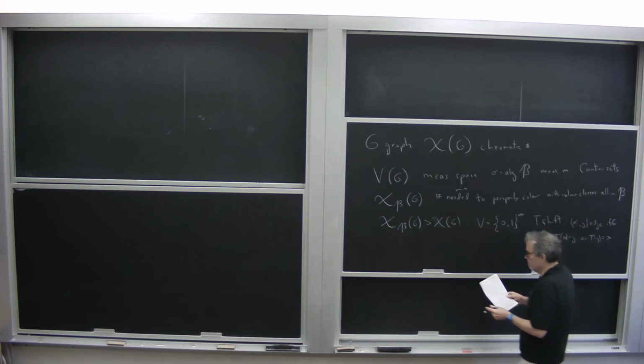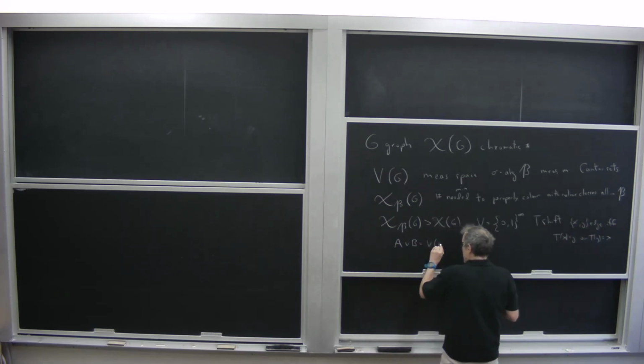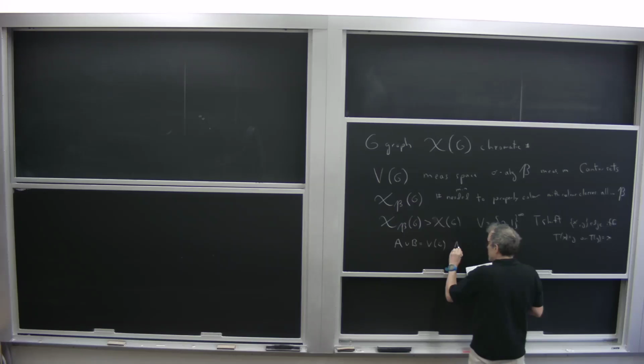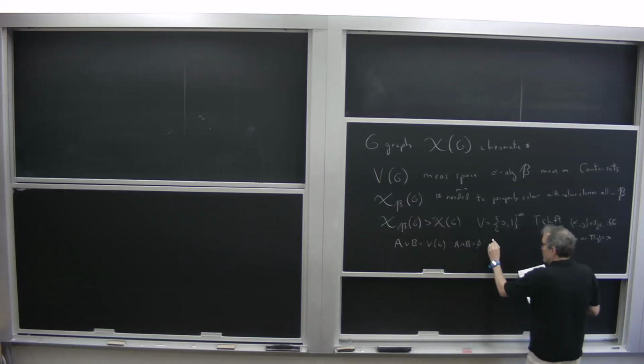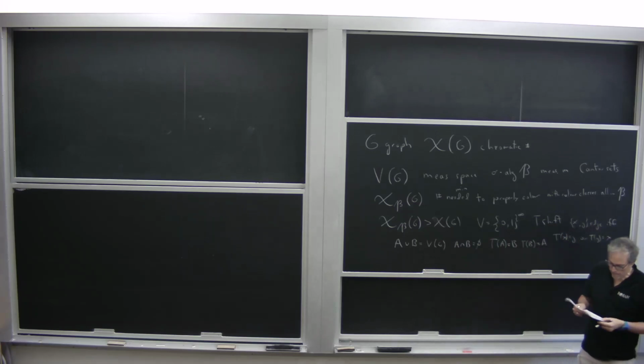And then suppose we can partition the space, with the property that T of A is equal to B and T of B is equal to A, for example.